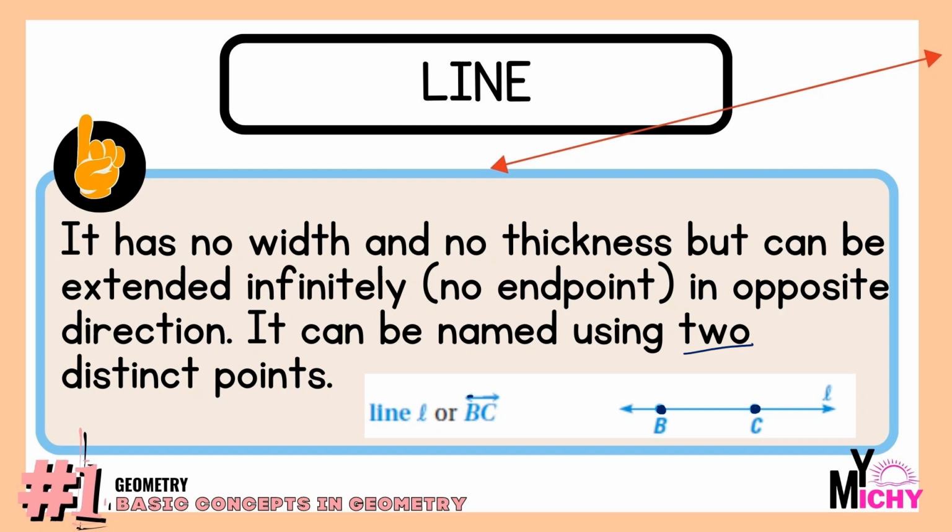So we have here the symbol for line, and then we write BC. What comes first in the alphabet comes first in writing the line. We can also write that using the given cursive letter here, small letter or capital letter, so we have line L.